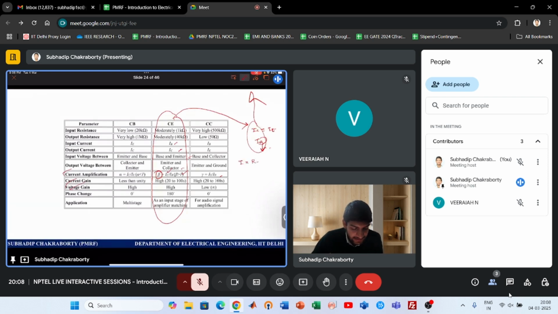Now output resistance is high, that's why voltage at output is high. So voltage amplification is there in common emitter mode. And then the phase change is 180 degrees, and the application is, I told you, just signal amplification, right? So that is what we have learned. And similarly, its dual versions exist, but they are not very extensively used in the amplification stage.